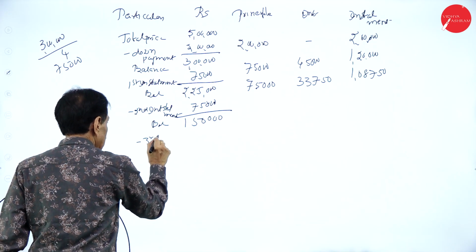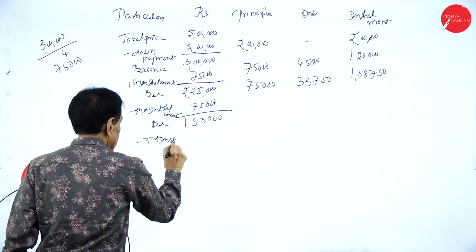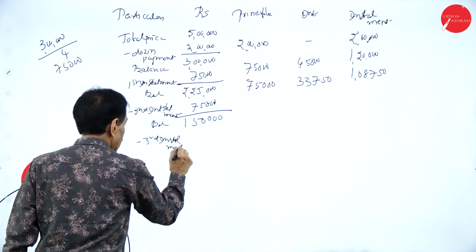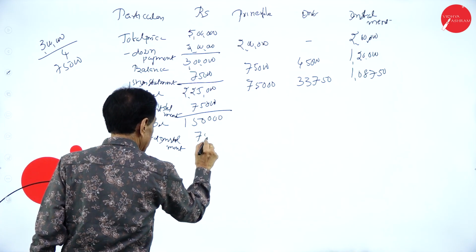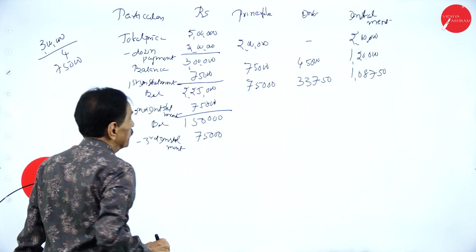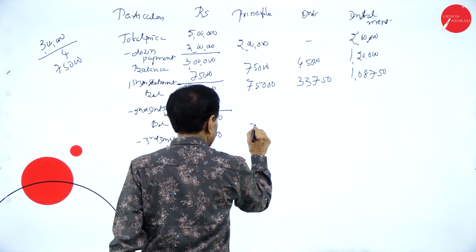Minus third installment, 75,000. Principal 75,000.